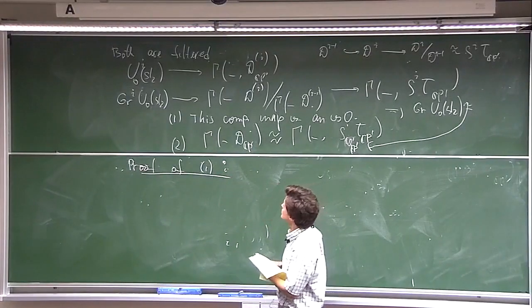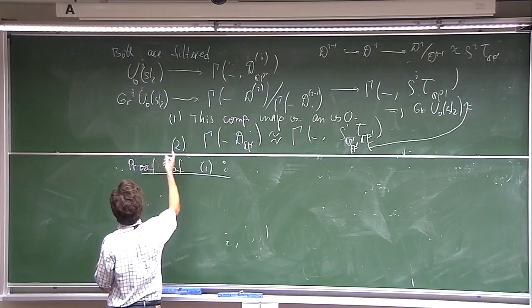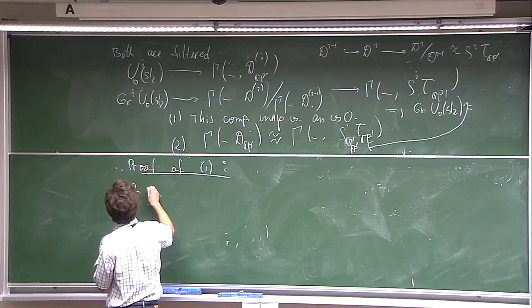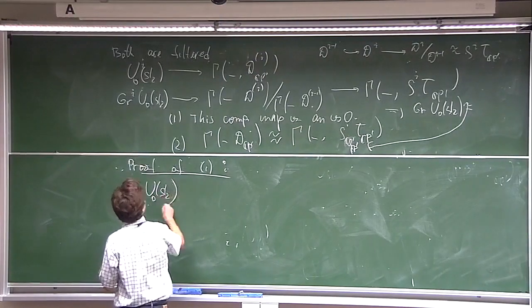So what's written there? I have the graded object. It's convenient to consider all of them. So the graded object associated to U sub 0 of SL2.